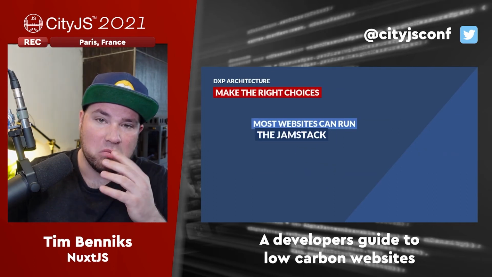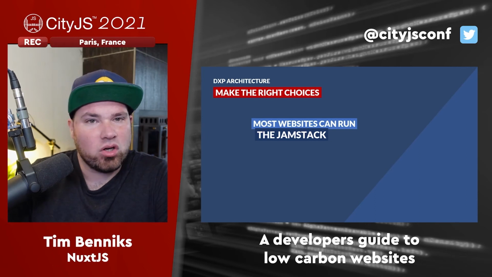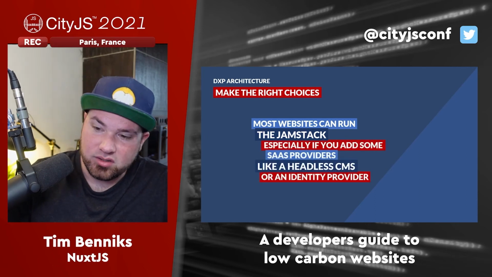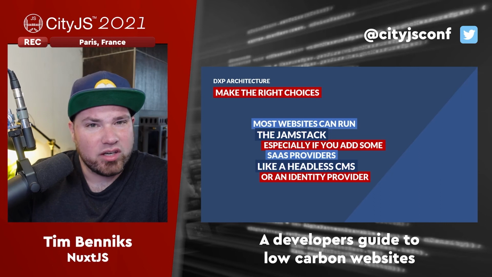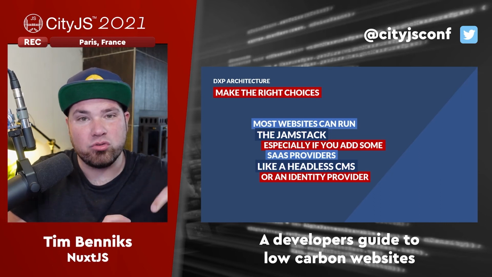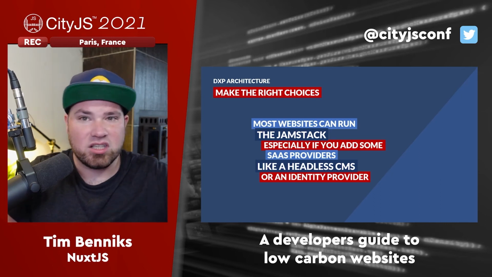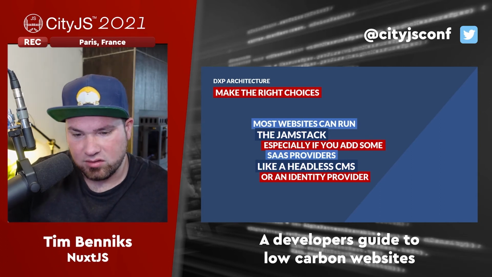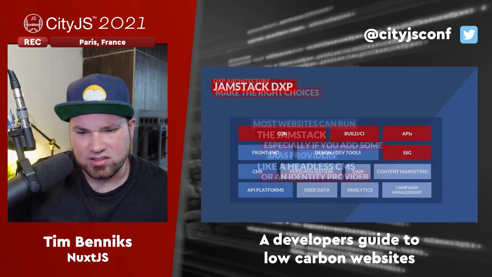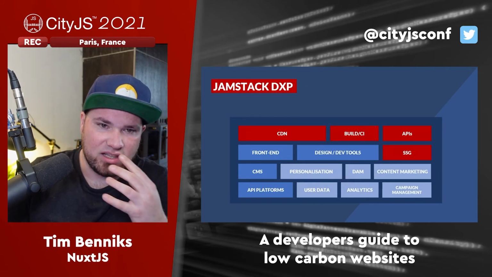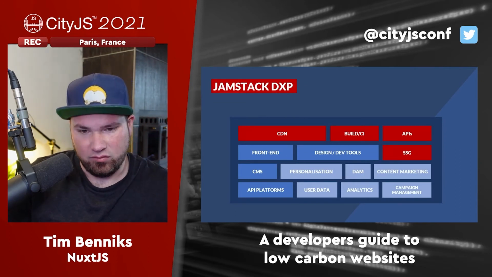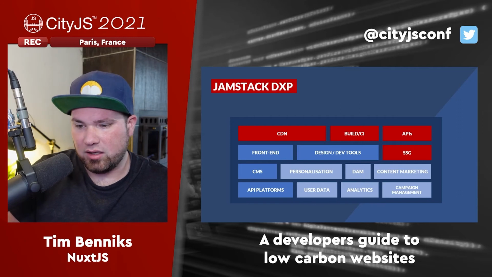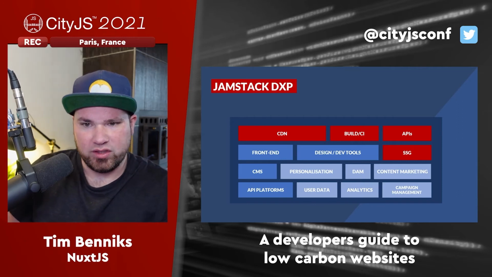Most websites that we build can just run on that, even if they're dynamic, because you can add some SaaS providers, other components to your DXP where you do AJAX calls, or use them on build level, like the headless CMS and the identity providers. So when you look at the Jamstack DXP that I have in mind, you don't need Adobe AEM to do all the things you see on the screen here.